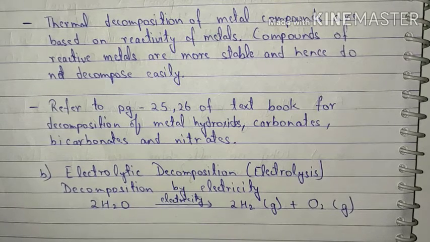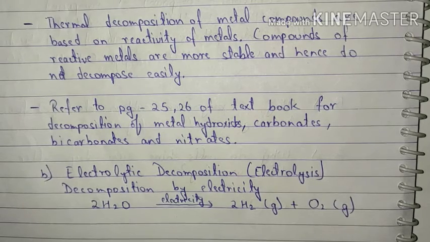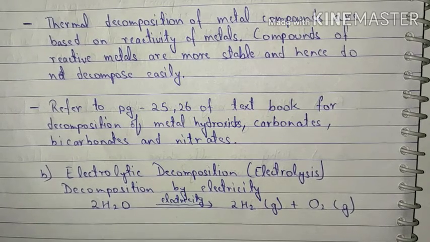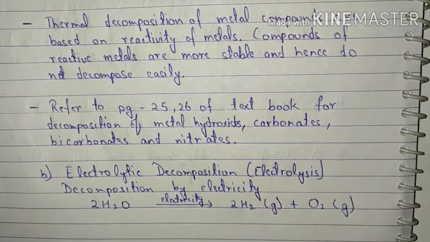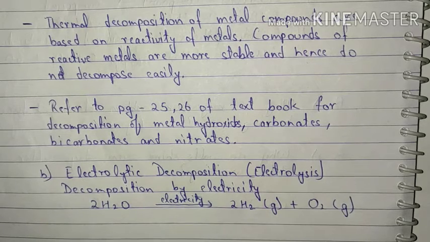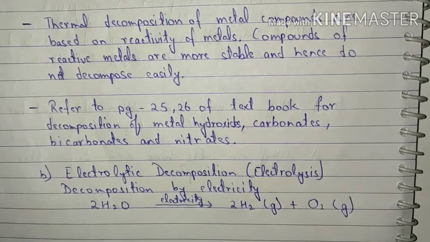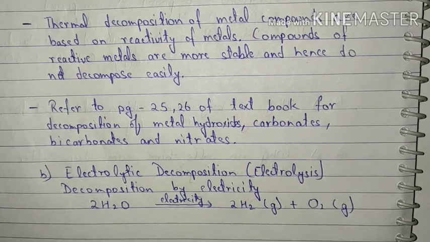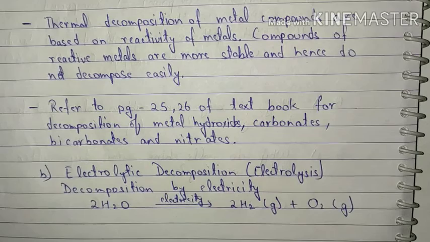Because of their stability, the compounds formed by highly reactive metals are thermally stable, that is, they do not decompose easily on heating. For reference, you can check out the tables on page number 25 and 26 of your Selena textbook, which show decomposition of metal hydroxides, carbonates, bicarbonates and nitrates and how they vary on thermal exposure.